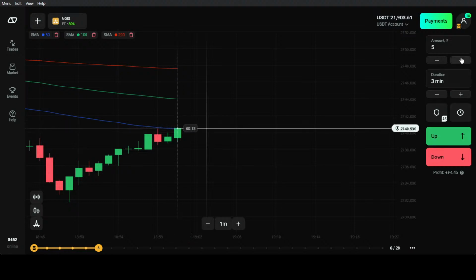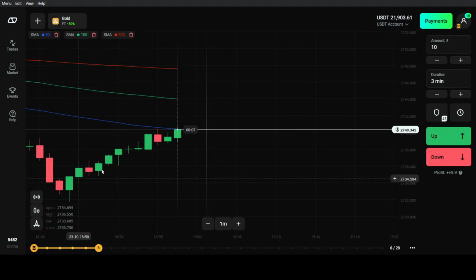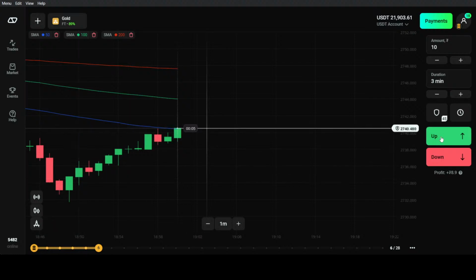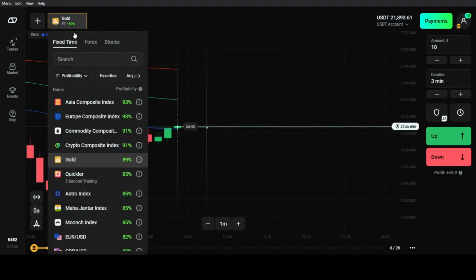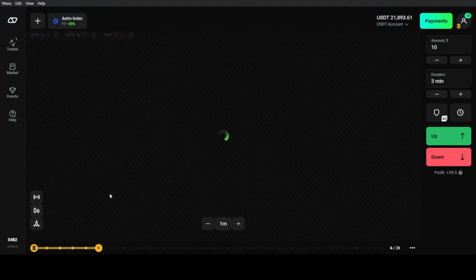We will make a trade as soon as the candle ends. And it is showing an uptrend. So let's see how this goes. Okay, I have made a trade. Let's see. And let's move ahead.